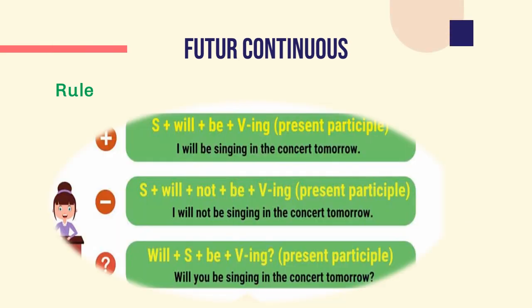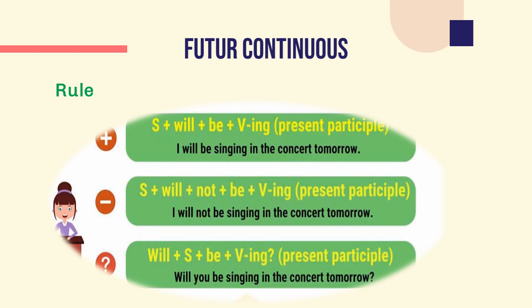How do we know future continuous, or how do we use it? In the affirmative form, it is subject plus will plus be plus the verb in ing form. I will be singing in the concert tomorrow.